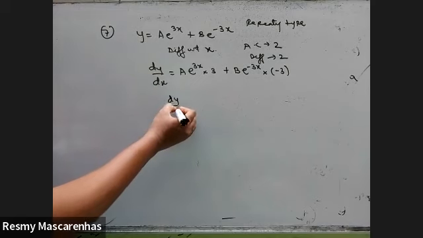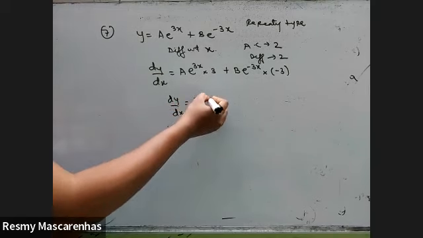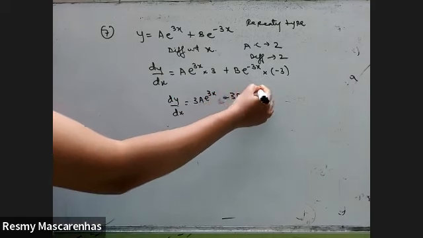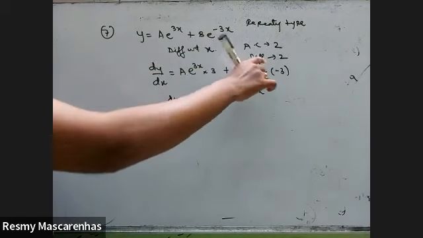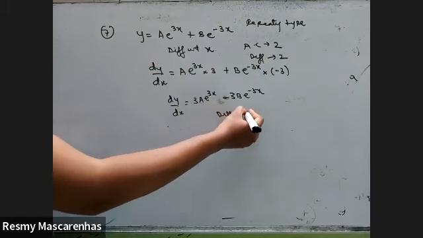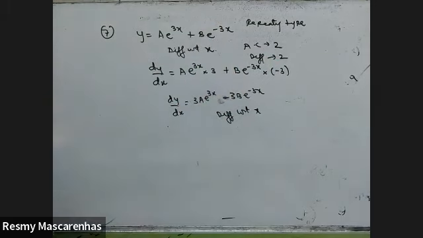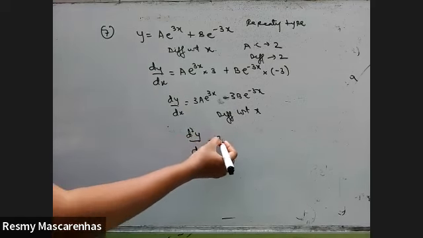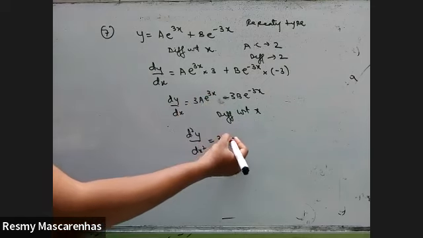What did you get? dy by dx is 3a e raised to 3x minus 3b e raised to minus 3x. Now only one more time we are left to differentiate. 2 times you can differentiate. This will become d square y upon dx square. 3a is again a coefficient, e raised to 3x.